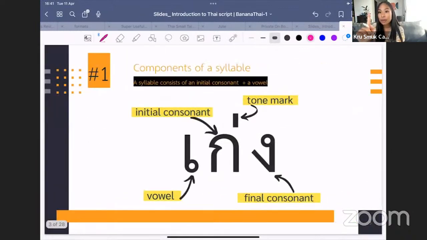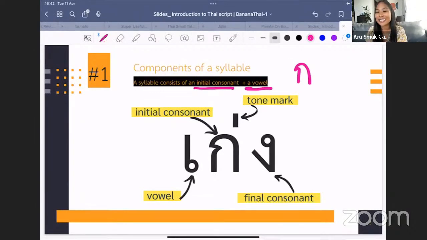So first thing, number one, about Thai script. You have to understand the components of a syllable. In a syllable, you need at least one initial consonant and one vowel. You always need these two in order to build a syllable. For example, this one, what is this one, ka?